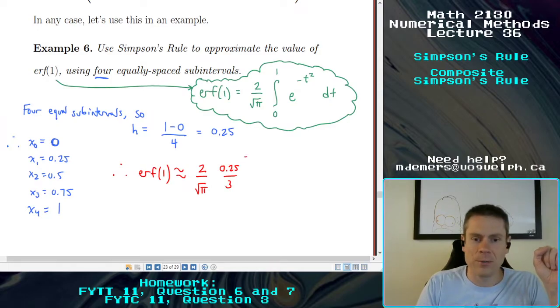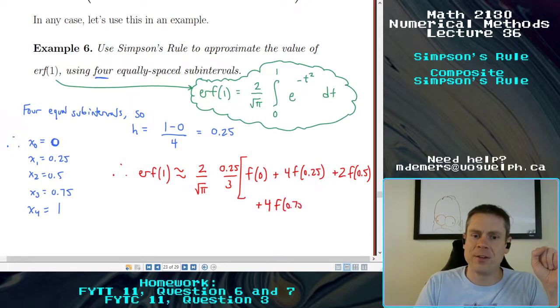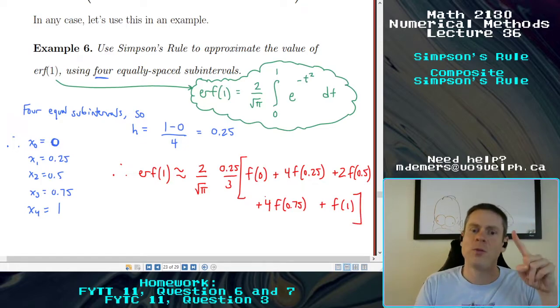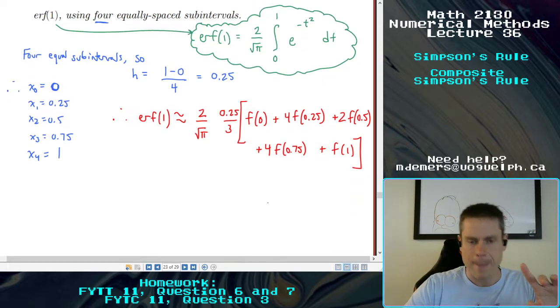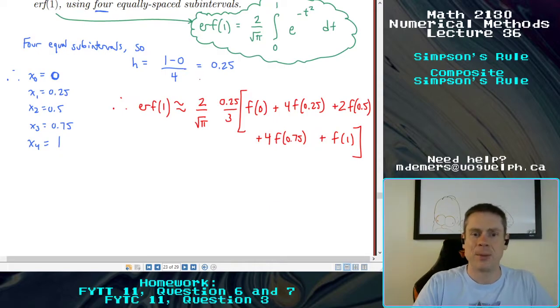And then we take 1 as a coefficient of the first, plus 4 f of 0.25, plus 2 f of 0.5, plus 4 f of 0.75, plus f of 1. There's the 1, 4, 2, 4, 1. We can collapse this a little bit. 2 times a quarter is 0.5, so we get 0.5 over 3 root pi.